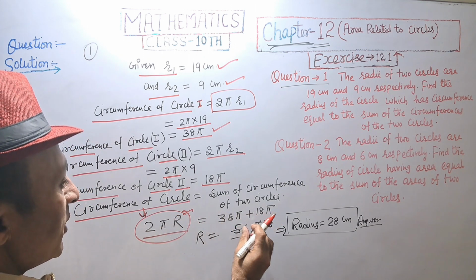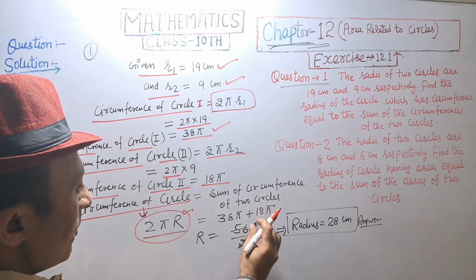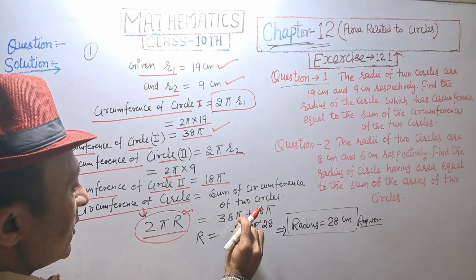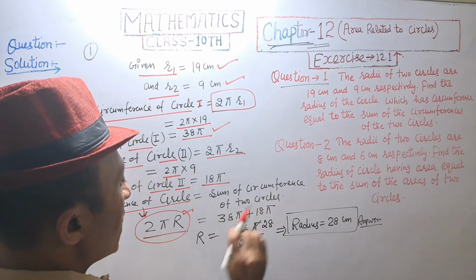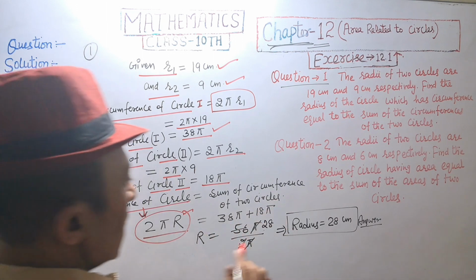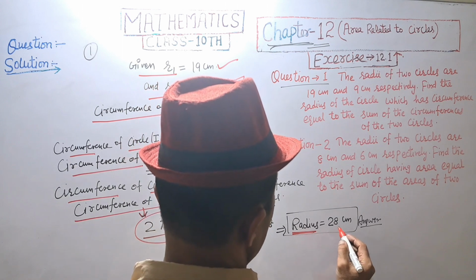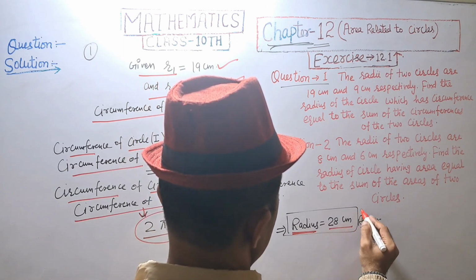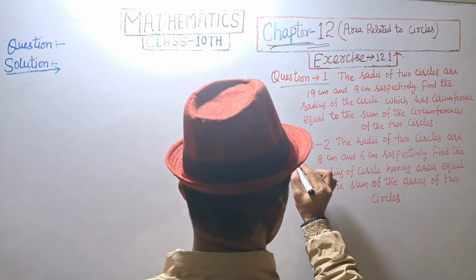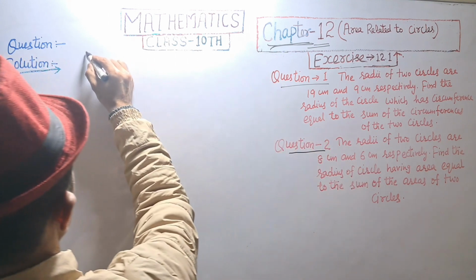R is equal to 56 pi divided by 2 pi. Pi is cancelled and 56 divided by 2 is 28. Radius of circle is equal to 28 centimeter. Answer.